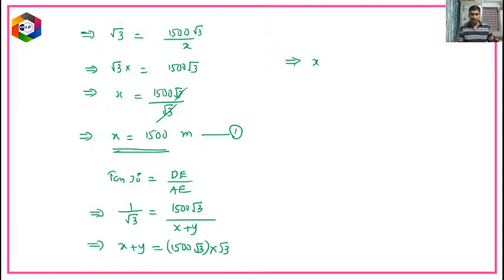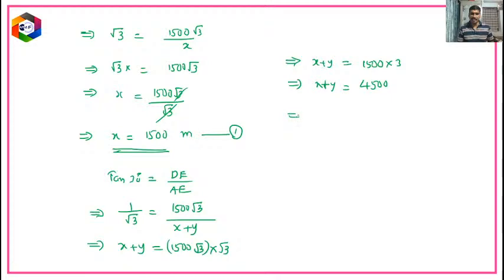Now the remaining part I am doing here. So x plus y will be equal to root 3 into root 3, which is 3. So 1500 into 3. The value of x plus y will be 4500. As we calculated already, x is equal to 1500.